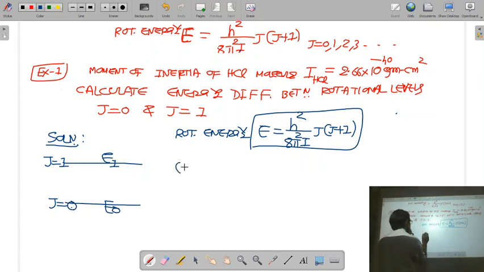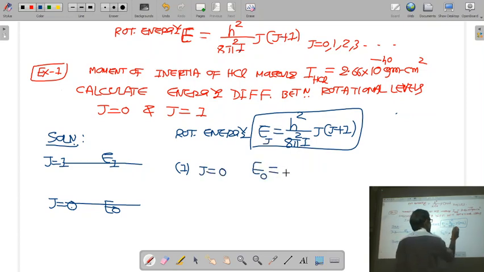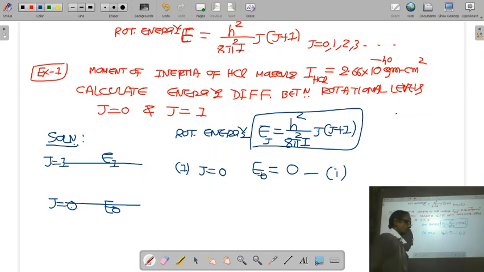So number 1, the energy in the lowest level J is 0 will be E0. If you put J is equal to 0, that energy comes out to be 0. By putting J is 0 in this equation, the rotational energy in the lowest level J is 0 is 0.